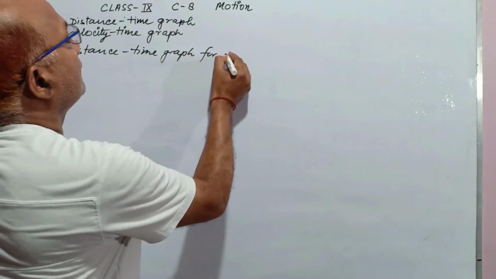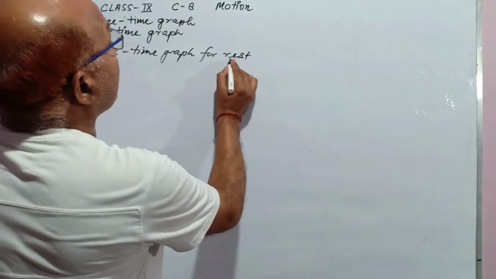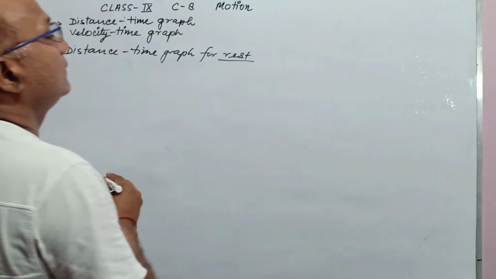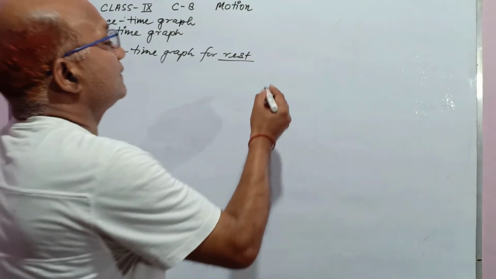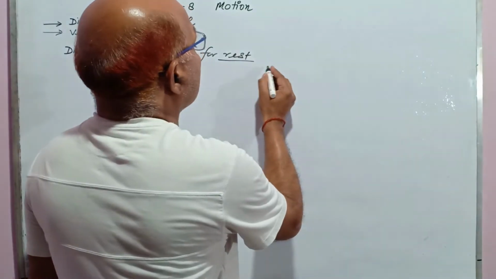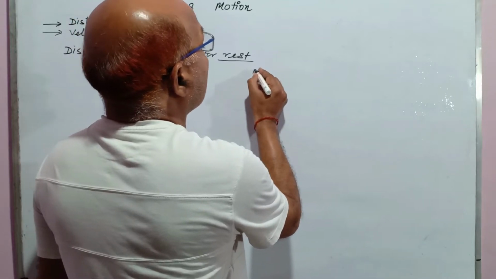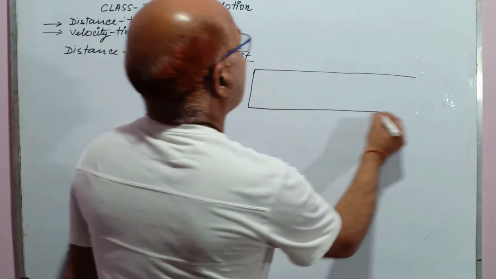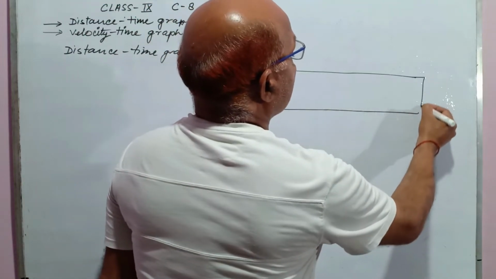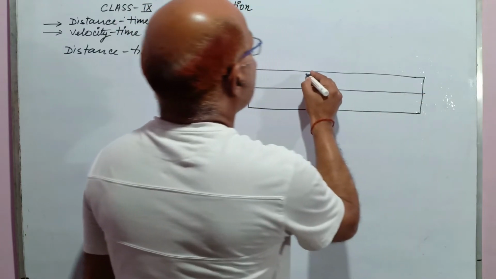Distance time graph for rest, when a body is at rest. So let us consider a data. For a given data, we can draw a distance time graph.